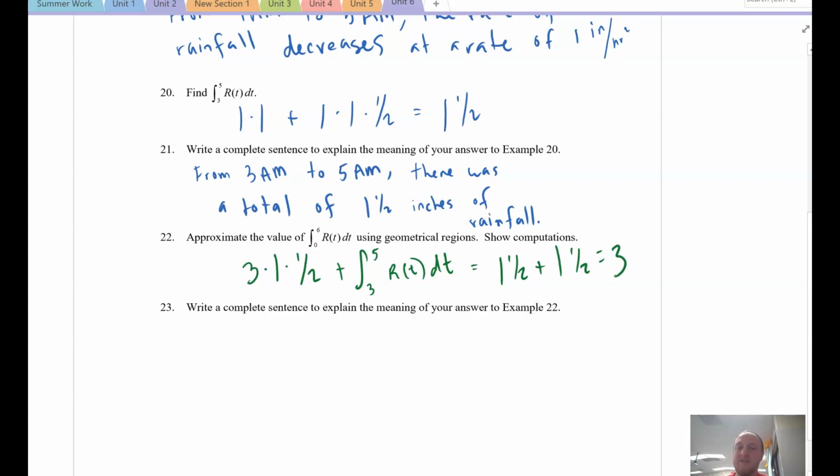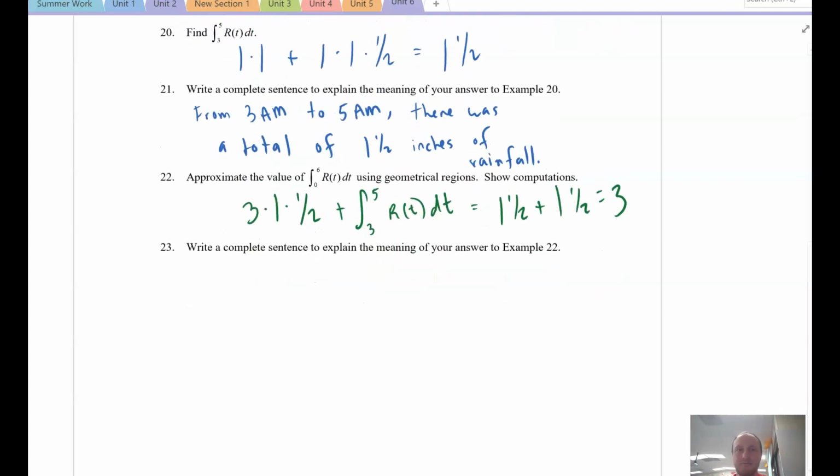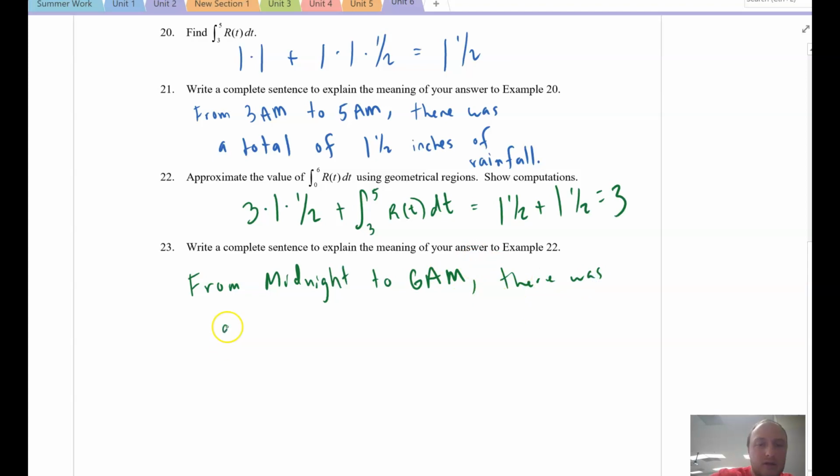And then again, write a complete sentence explaining this meaning. Well, this just means that from midnight to 6 a.m., there was a total rainfall of 3 inches.